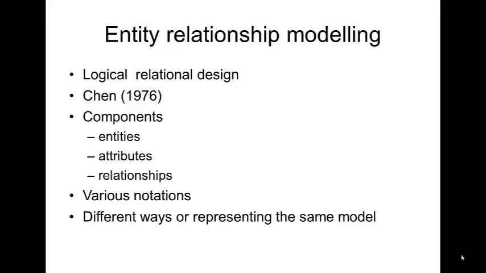Also note that there are different ways of representing the same physical model as an entity relationship diagram. You can draw an entity relationship diagram that shows more detail or less detail, but effectively shows the same relationship.